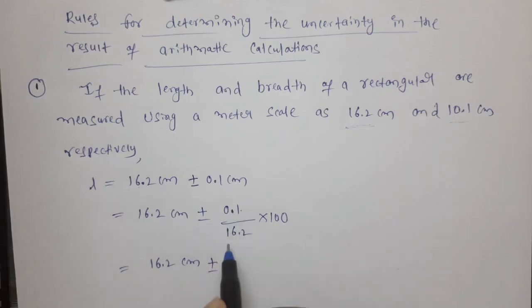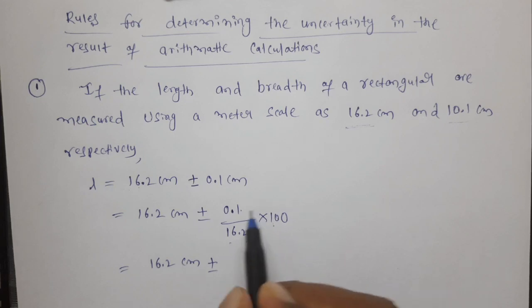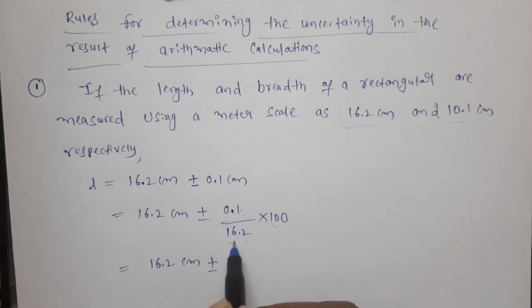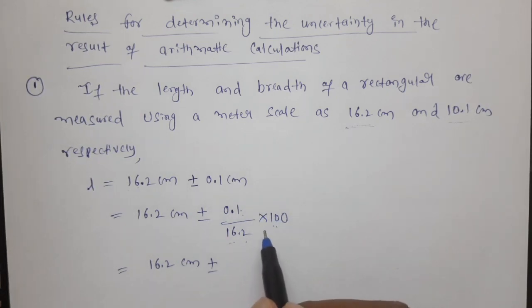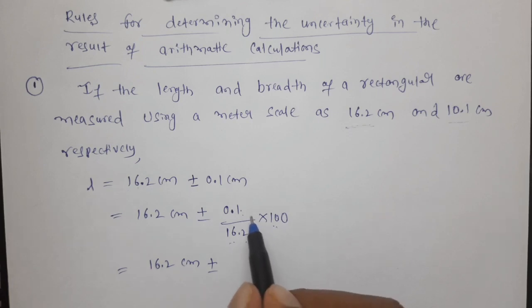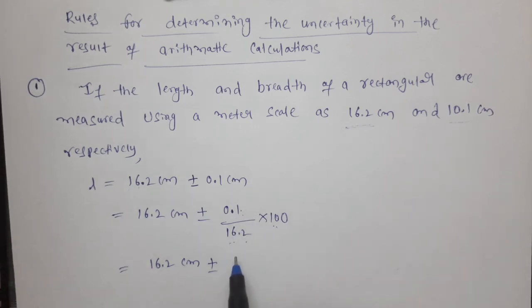Here we have 1 significant figure, here 3, and here 1. But which type of arithmetic operation is this? It is multiplication and division. In multiplication and division, the result should be given with the least number of significant figures. So here we get only one significant figure, that is 0.6%. We may get more digits after 0.6, but we have to neglect them, because according to the rule the result of multiplication or division must be given with one significant figure.